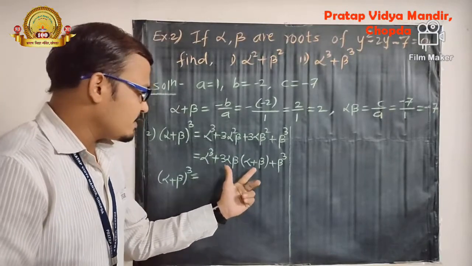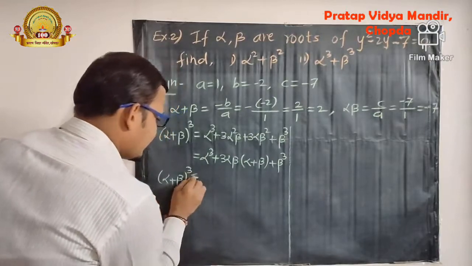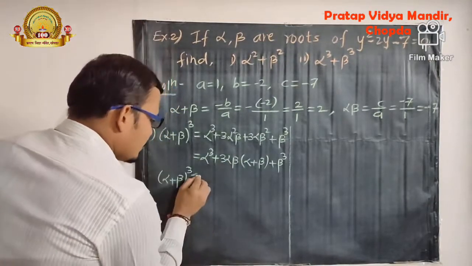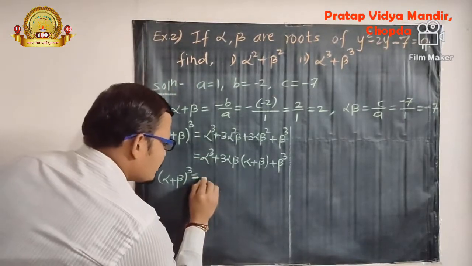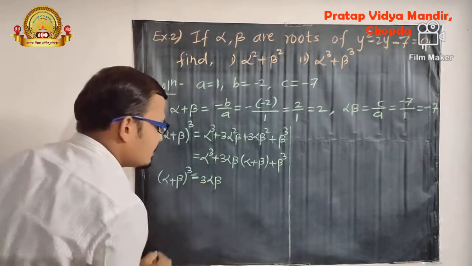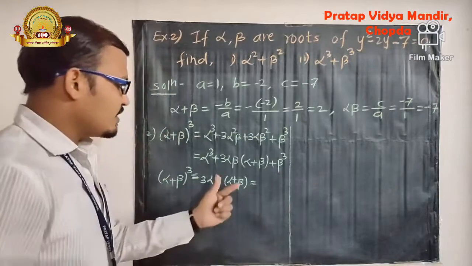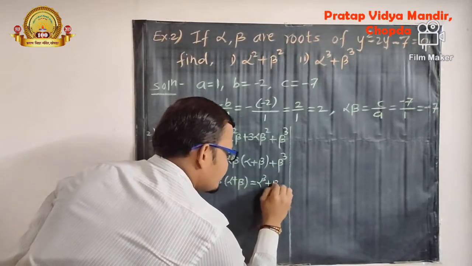Because when we shift this from LHS to RHS or RHS to LHS, its sign will be changed, and as the middle term has a plus sign, the sign will be changed and it is negative. So our middle term is 3 alpha beta into bracket alpha plus beta, and what remains here? Alpha cube plus beta cube.